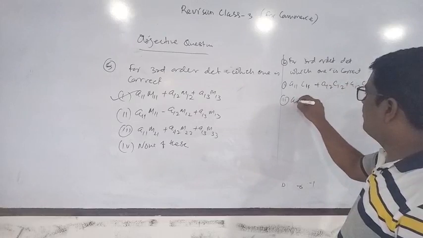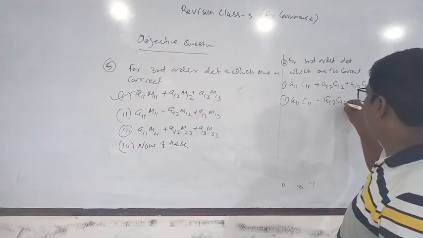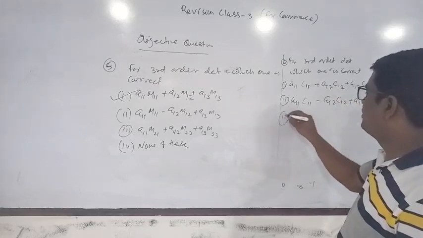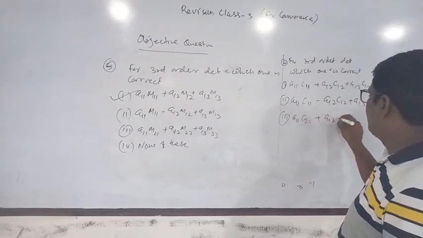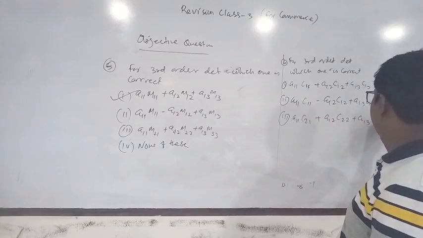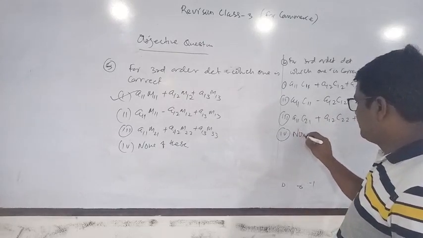Second: A11 C11 minus A12 C12 plus A13 C13. Third: A11 C21, A12 C22, A13 C23. And fourth, none of these.